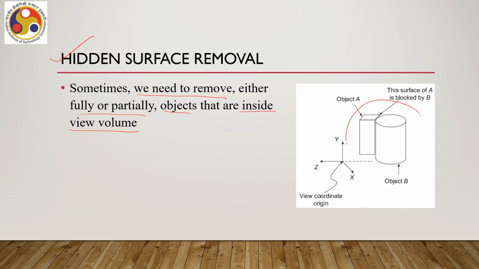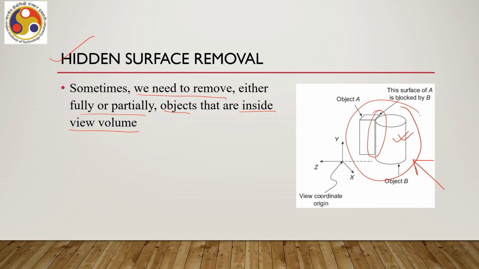So, both these objects are within the view volume and we ideally need to project them. However, if the viewer is looking at these two objects from this direction, then you can see that this surface will be occluded by this front object with respect to the viewing direction. So, projecting this surface makes no sense.